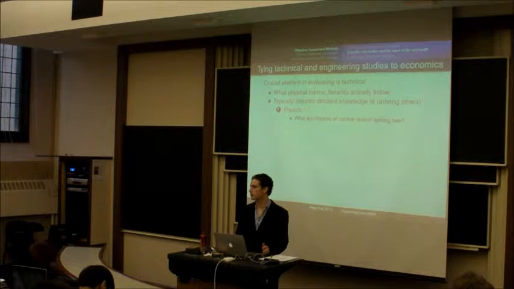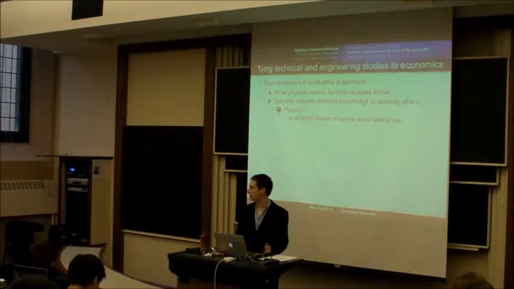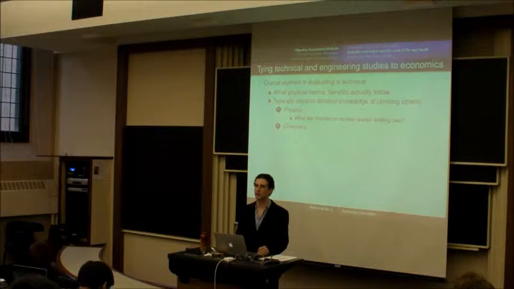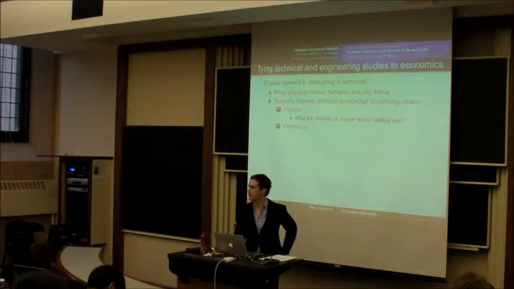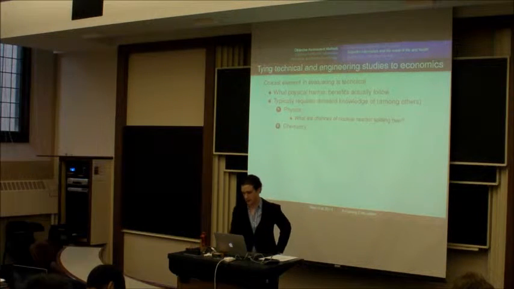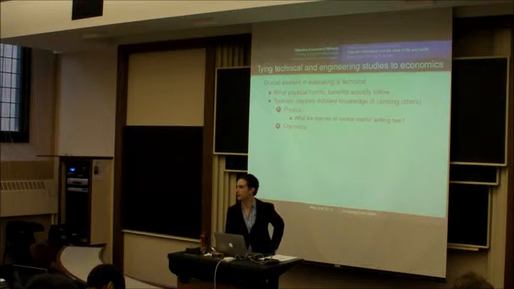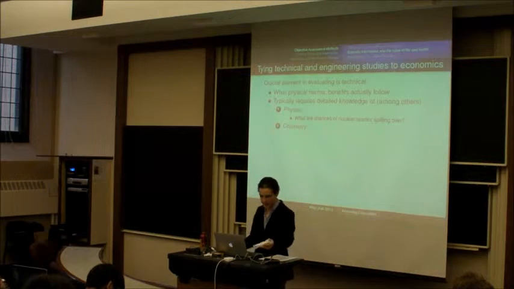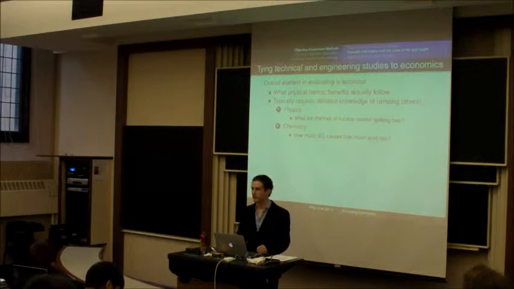You have to know what the chances are of the reactor spilling over, how much it harms people if they get hit by pollution, et cetera, et cetera. Or another example of that would be if you want to figure out what the externalities were of setting up a particle accelerator in CERN in Switzerland, you have to know the chances that it's going to blow a hole in the universe or something like that, which some people are claiming. Right?